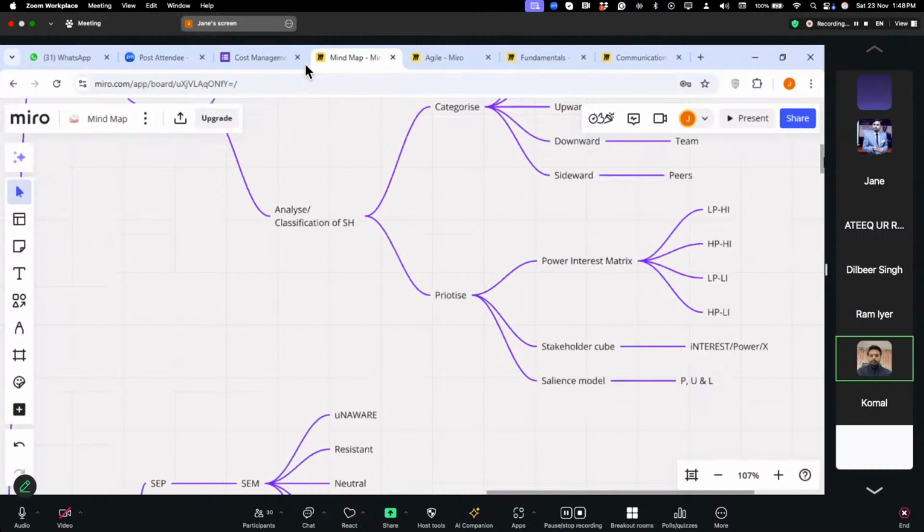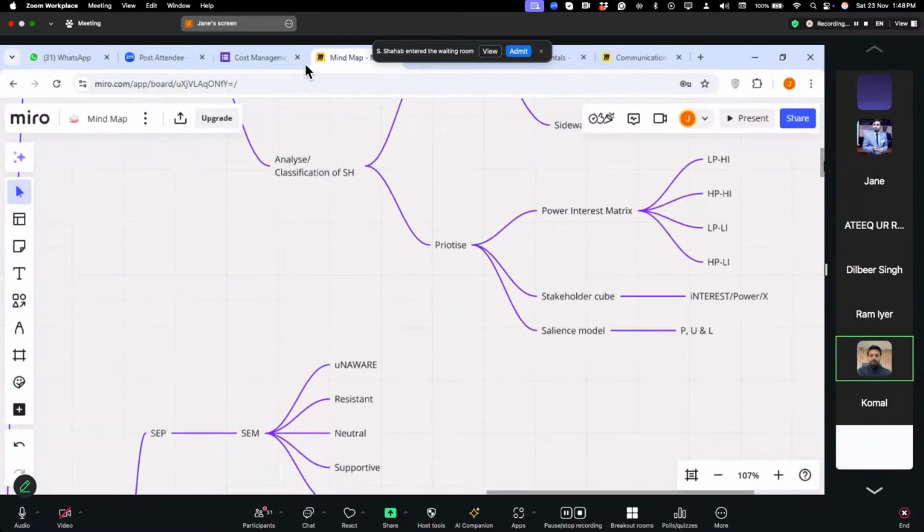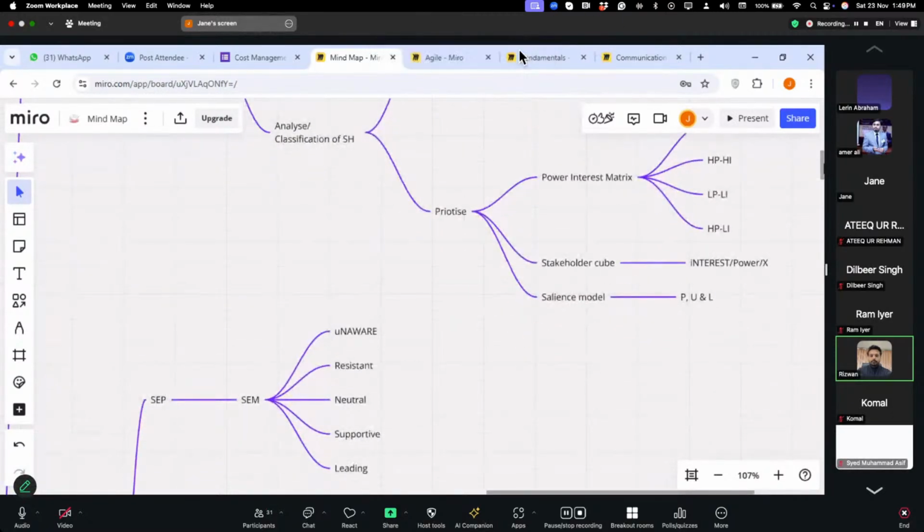Here we have the power interest matrix, with high power, high interest stakeholders; high power, low interest; low power, high interest; and low power, low interest stakeholders. Further, we have the stakeholder cube, where you have power, interest, and the X factor. You can add attitude, geography, language, etc. With that, we have the salience model, where you have urgency, legitimacy, and power.